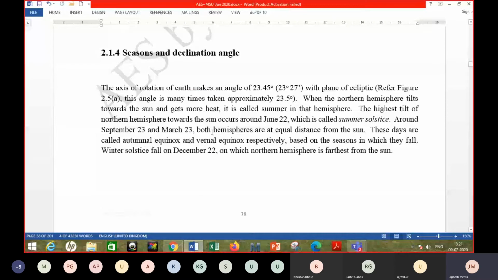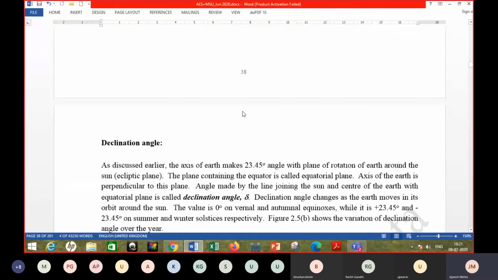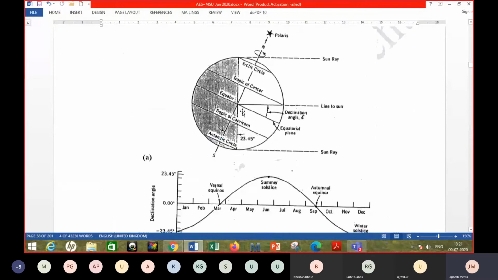Now, as you also know, the movement of the Earth around the sun is on the ecliptical plane, an imaginary plane on which all planets move. The axis of the Earth does not remain perpendicular to that plane, but makes an angle of 23.45 degrees with the perpendicular to the ecliptical plane, right?